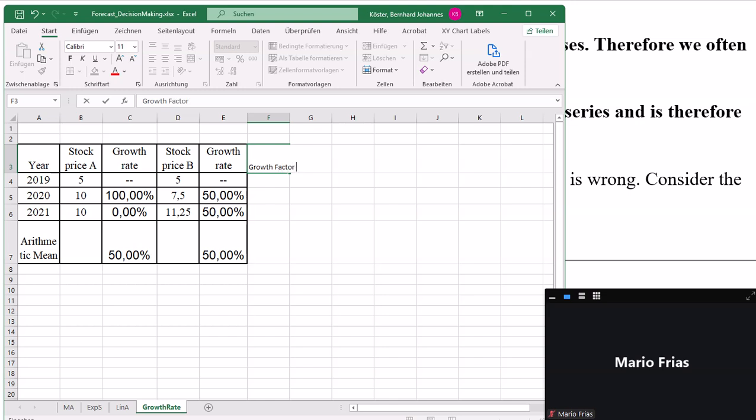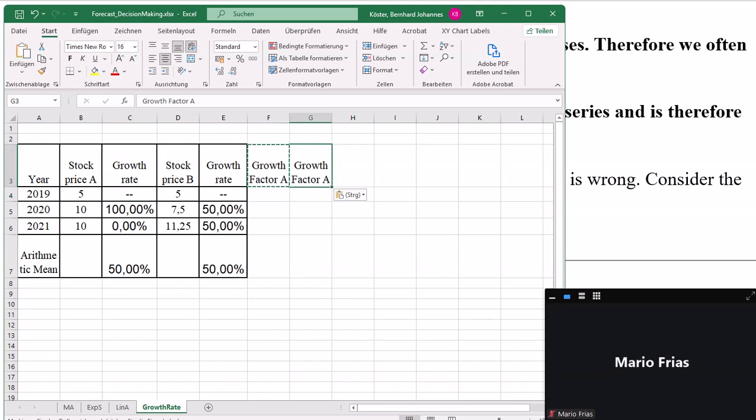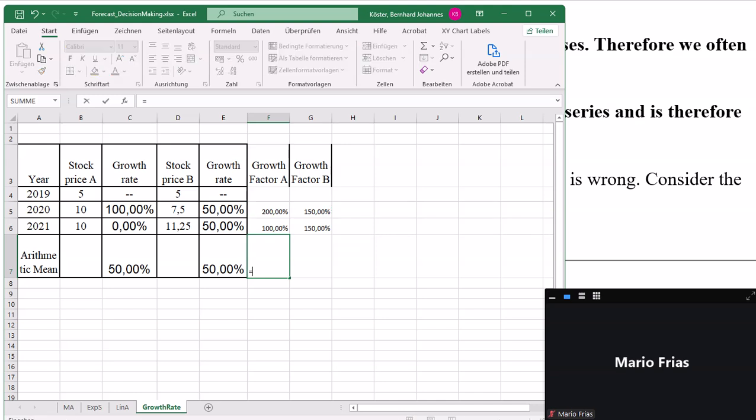So let's therefore calculate these two, growth factor A and growth factor B. This would be then the growth rate plus 1. And now taking the geometric mean of the growth factors.